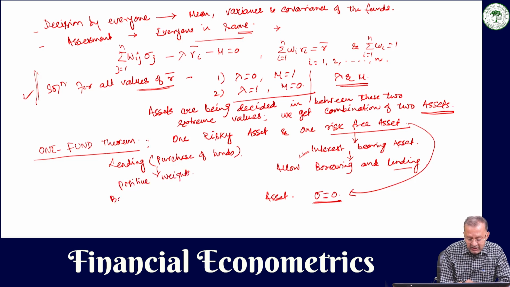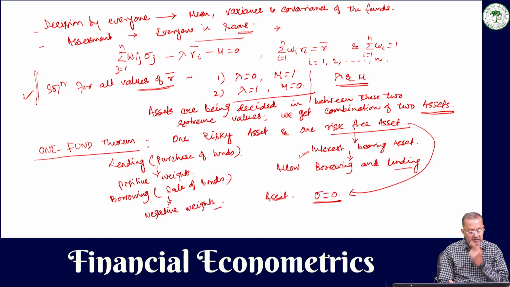And if borrowing is there, meaning sale of bonds is taking place, then the weights assigned to the asset are negative weights. Clear?